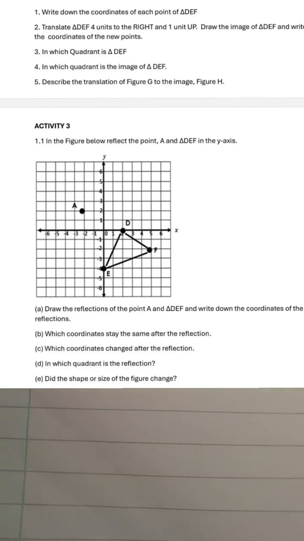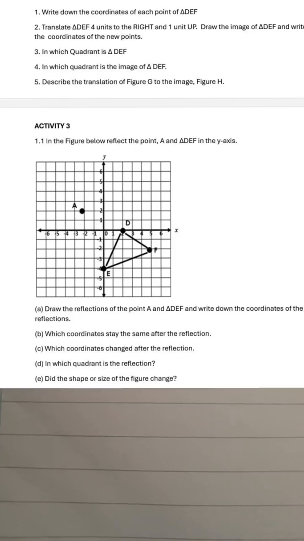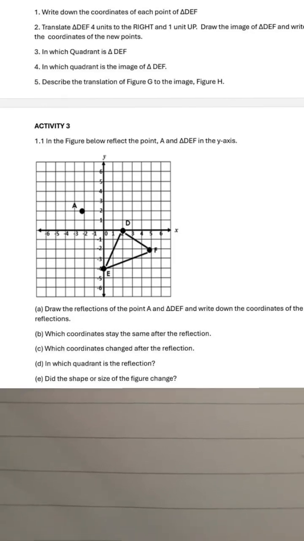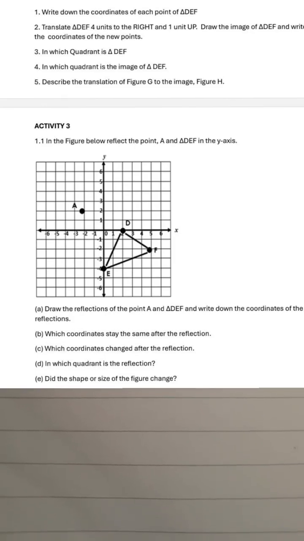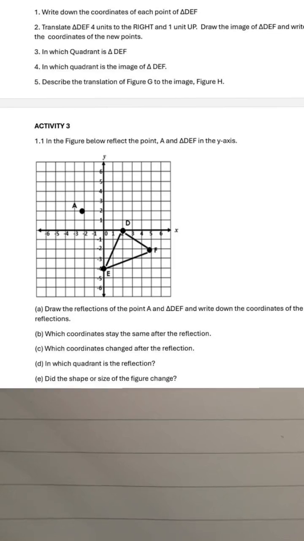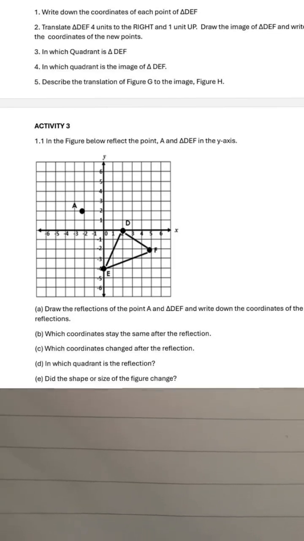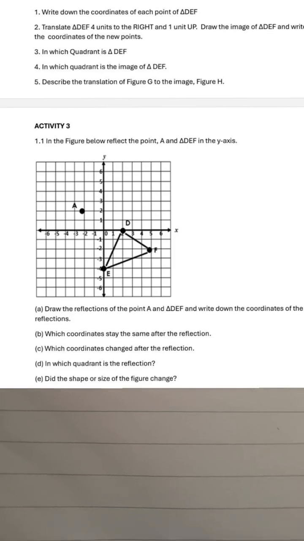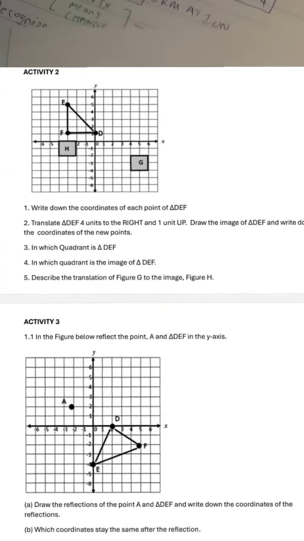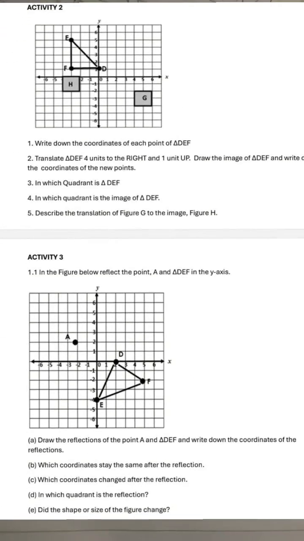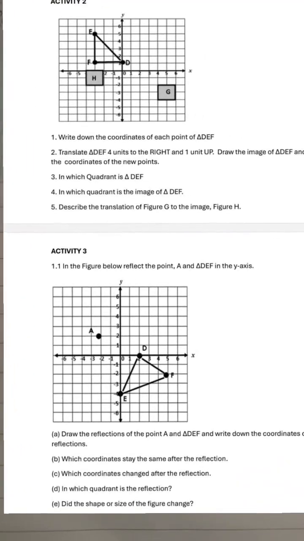Then in the figure below, reflect the point A and triangle DEF in the y-axis. Draw the reflections of the point A and triangle DEF and write down the coordinates of the reflection.